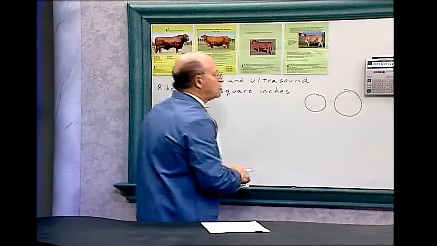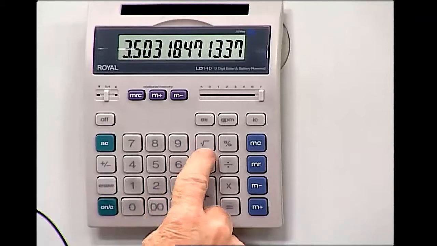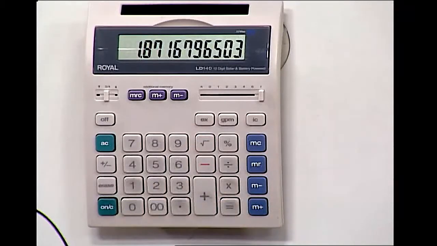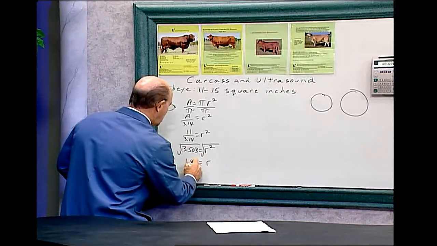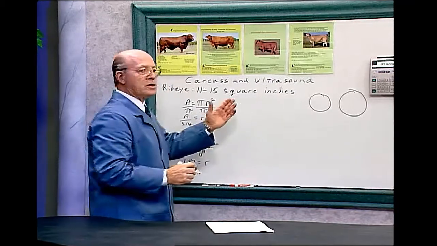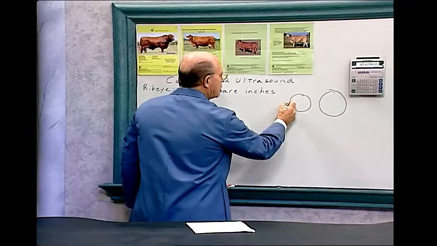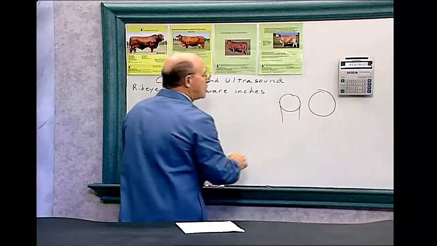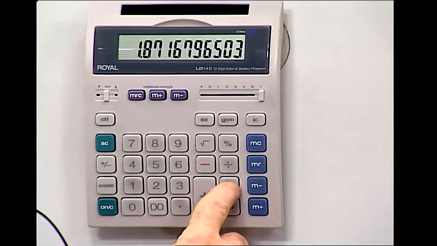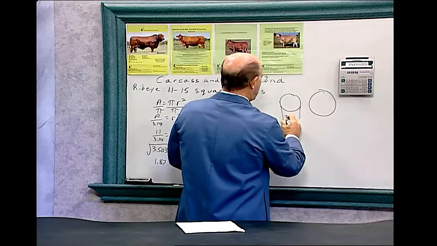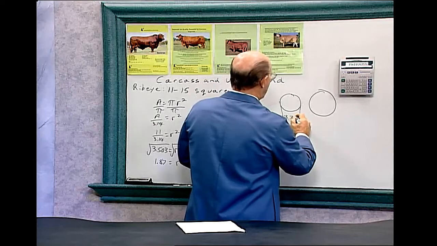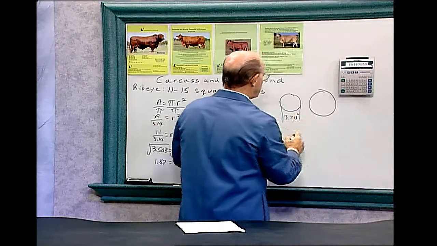So radius will equal, just press the square root button on the calculator, 1.87. And we want to know the diameter, so all we have to do then is multiply that by 2, and diameter equals 3.74 inches.